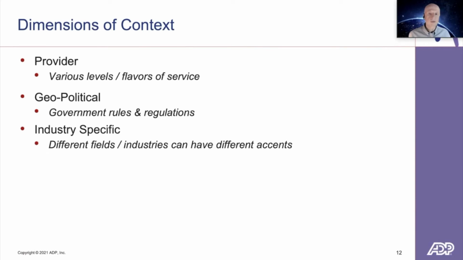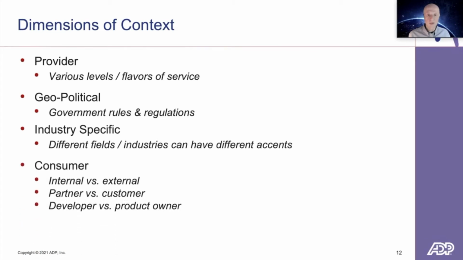Different industries may require different emphasis, such as clock punching workers versus full-time, or companies offering special benefits for working in hazardous environments. And finally, the consumers can be internal or external, be a partner serving multiple clients or a direct client. These are just few basic pillars, and the context can certainly be granularized further.